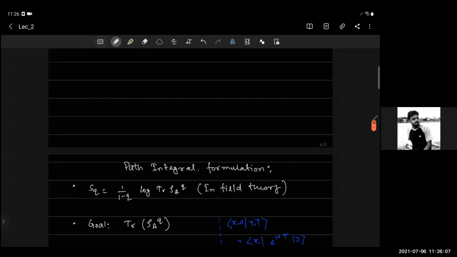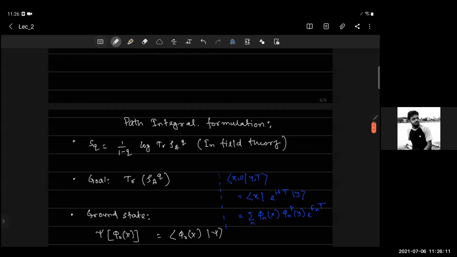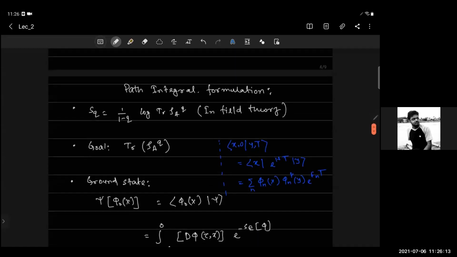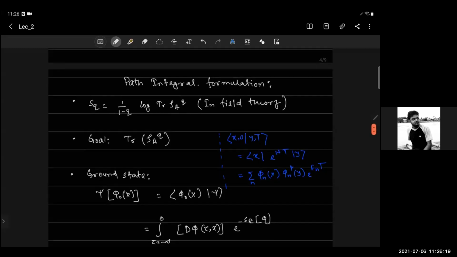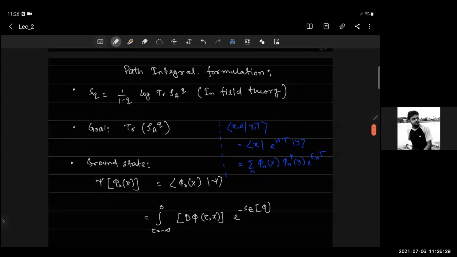So now I'll start with the path integral formulation of entanglement entropy. The definition we had given in the last lecture was for the Rényi entropy. It was 1/(1-q) log of trace of rho^q. Now, the goal is to first derive the trace of rho.